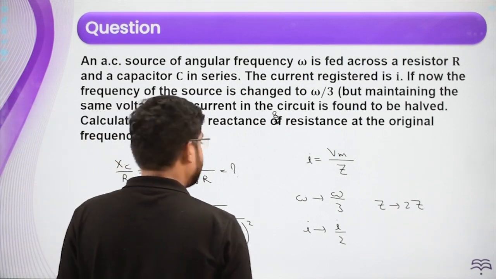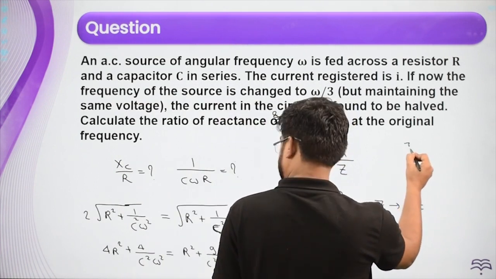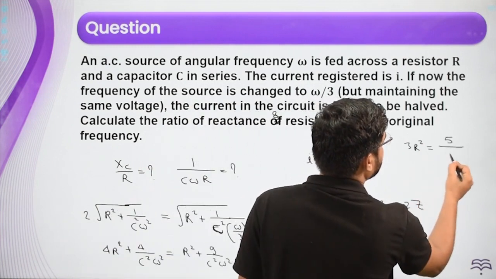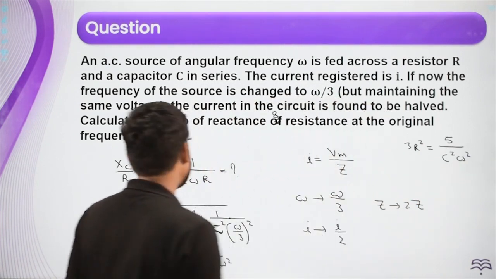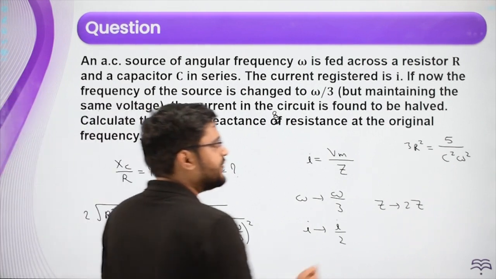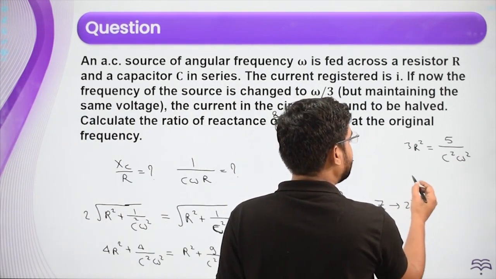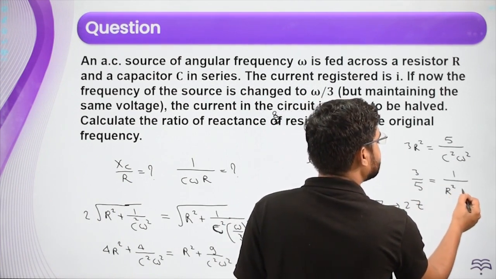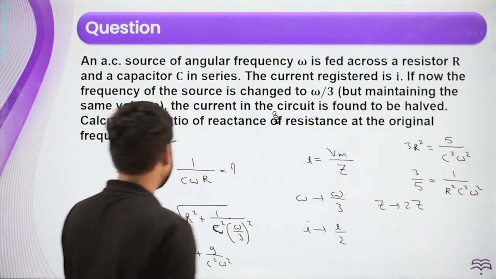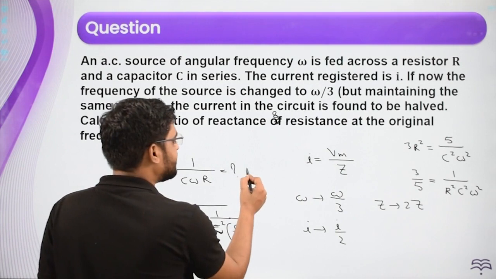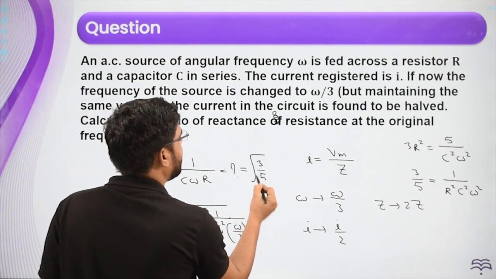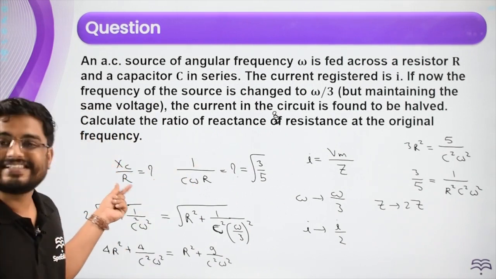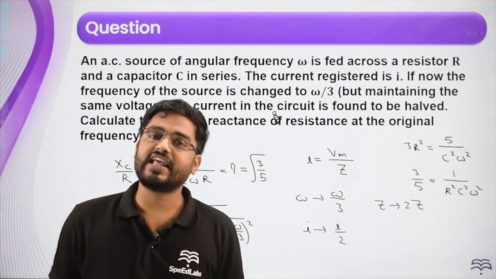The idea was to get 1 by C omega R, so R can go here and 5 can go there. I am getting 3 by 5 is equal to 1 by R square C square omega square. This is the root of that, so it is root of 3 by 5, and that's the answer. This is the ratio of reactance to the resistance at the original angular frequency omega.